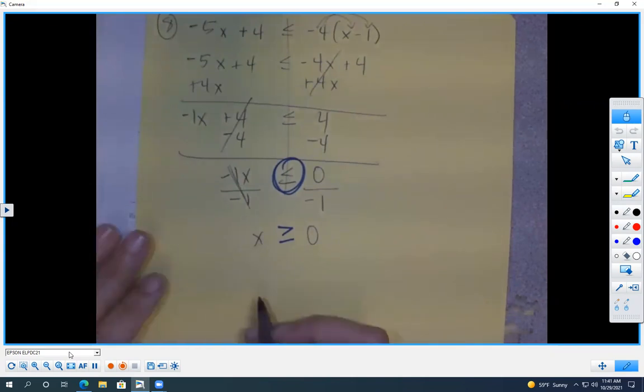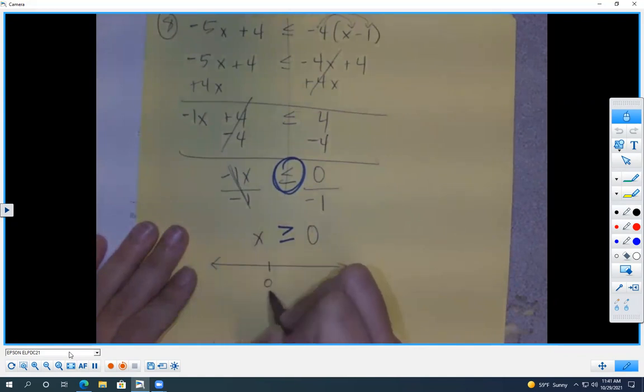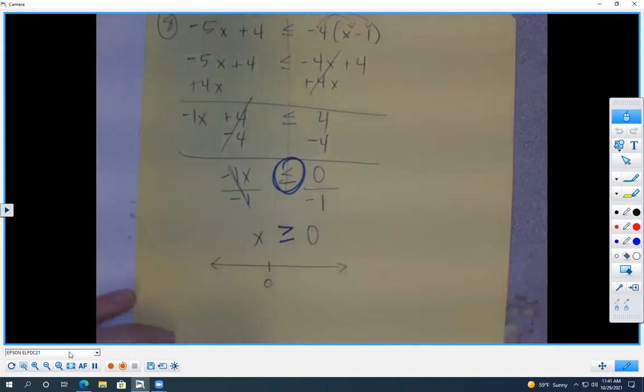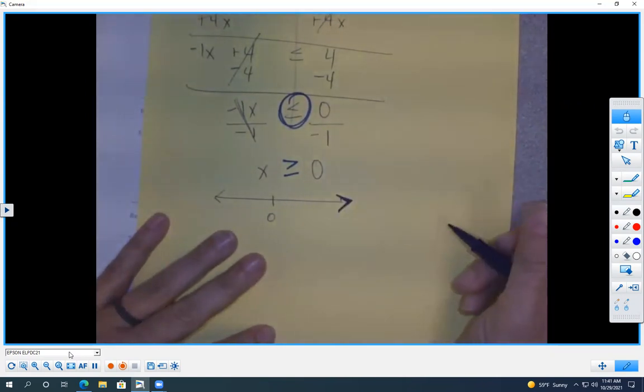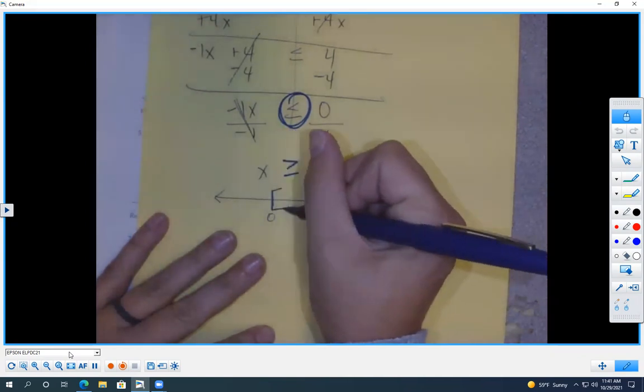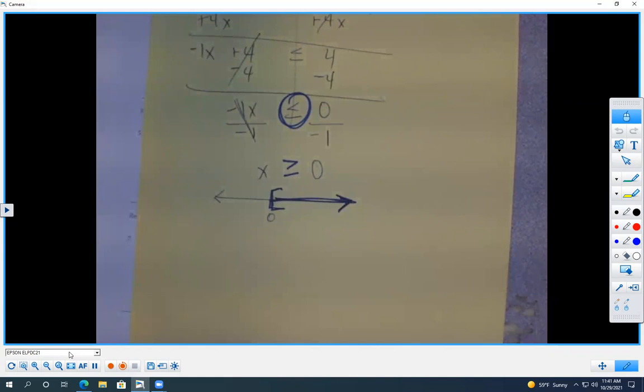Graph it on a number line. So at 0, is it going to shade to the left or to the right? Shade to the right. Is it a bracket or a parenthesis at 0? Bracket. That's your number line. What is your answer in interval notation?